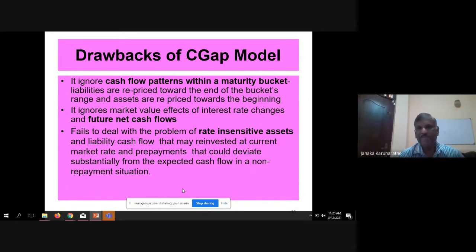But within that, there may be periods in which the gaps are significant. So that's why when you look at C-gap, shorter end gaps are much more comfortable. I don't know whether you understood what I said.